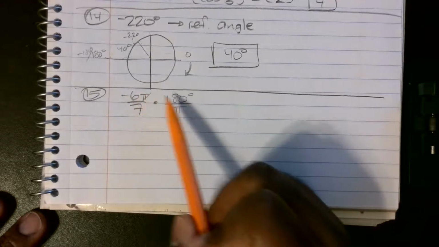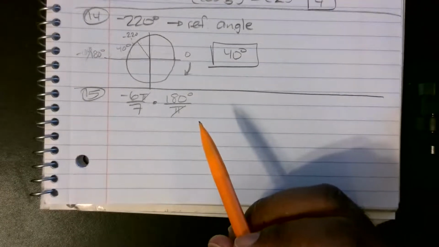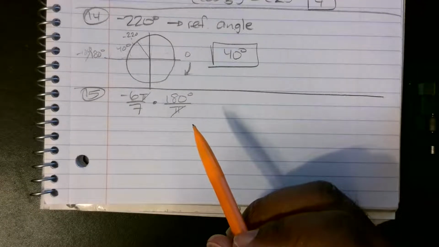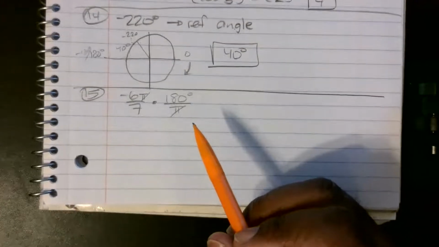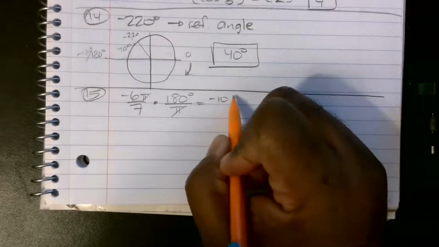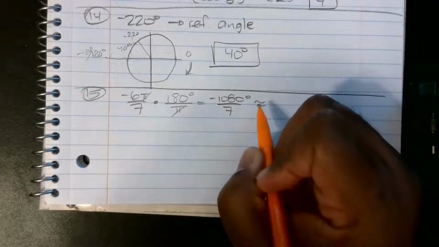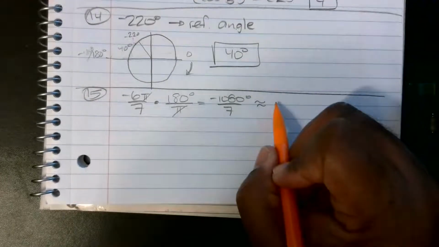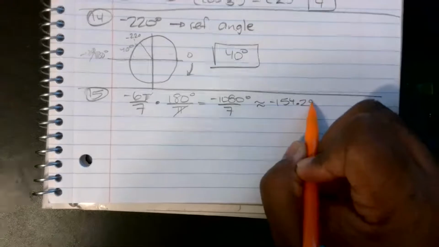This cancels, and I end up with 180 times negative 6 over 7. And I get negative 1080 over 7 degrees, which is approximately equal to negative 154.29 degrees.